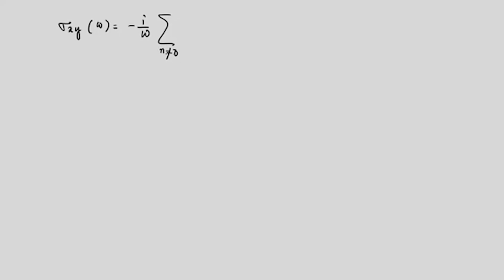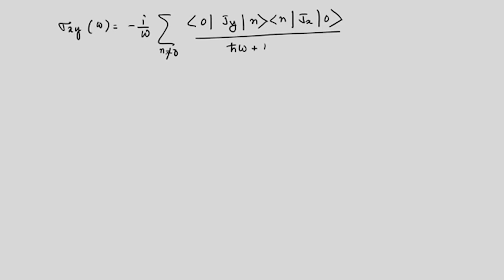So, the system would go from the ground state to the excited state, and the excited states are assumed to be different than the ground state. So, this is equal to ⟨0|j_y|n⟩⟨n|j_x|0⟩ divided by the energy denominator, which is given by E_n minus E_0, plus another term.